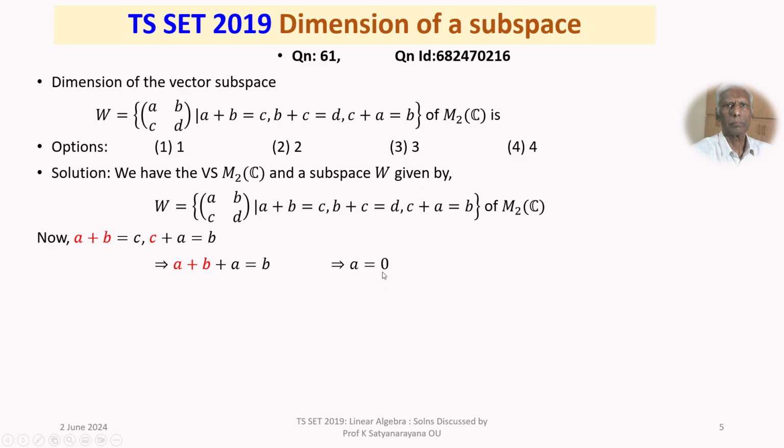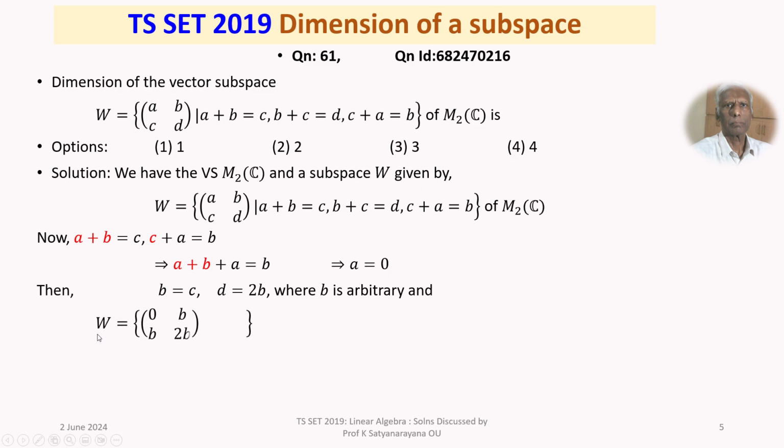When you substitute A is equal to 0 in the first equation, you will get C is equal to B. So far, we have not utilized the second equation. Take the second equation: C is equal to B, where B is arbitrary. Then D will be equal to B plus C, that is B plus B, that is 2B. So D is equal to 2B. This implies C is equal to B and D is equal to 2B, where B is arbitrary.